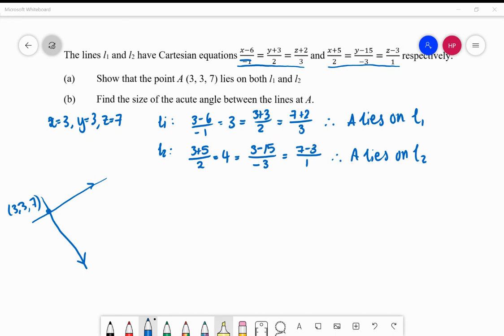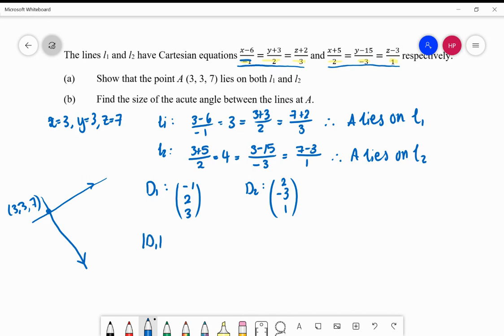So it is these numbers here, the minus 1, the 2, the 3, the 2, the minus 3, and the 1. So the direction vector of line 1 is minus 1, 2, 3. And the direction vector of line 2 is 2, minus 3, 1. And so these are the two vectors that we will use to find our acute angle.